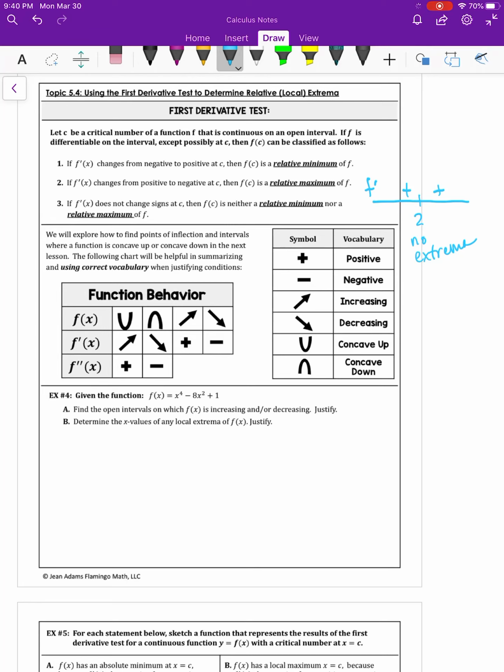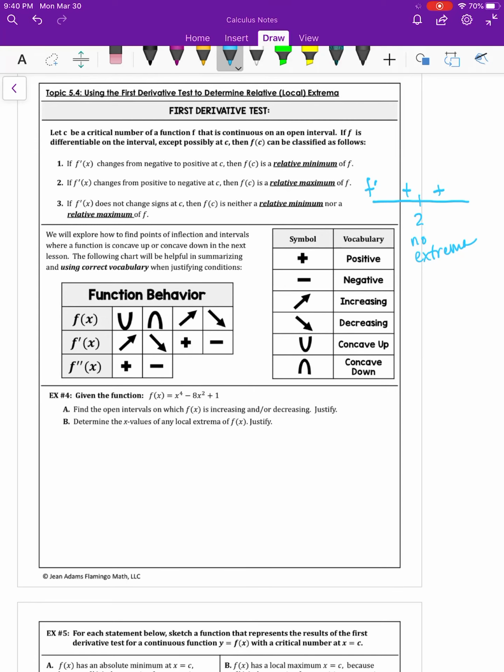So now, you've just got this little function behavior. If your f of x is concave up, then how would I know that? Well, the first derivative would be increasing, and the second derivative is positive. That tells you it's concave up.